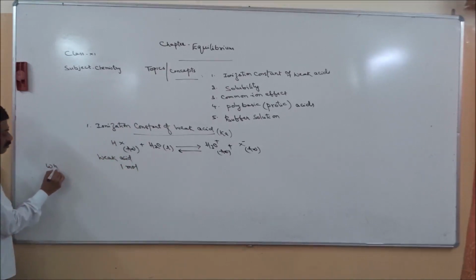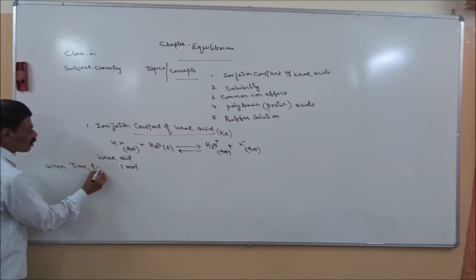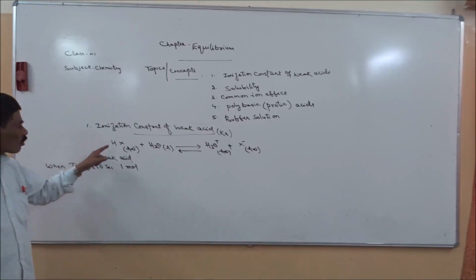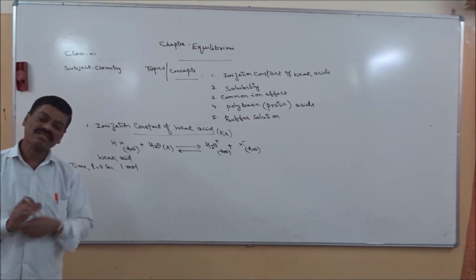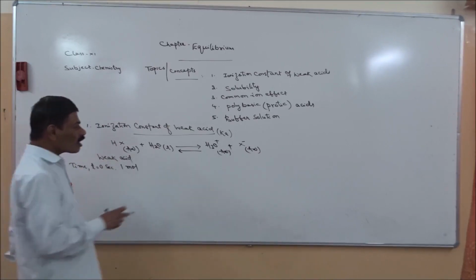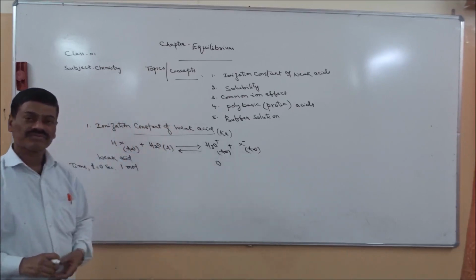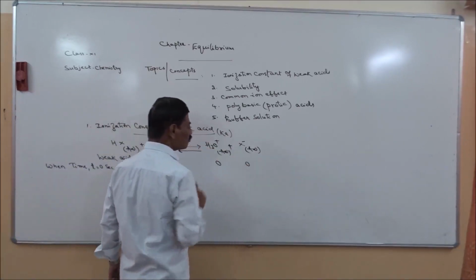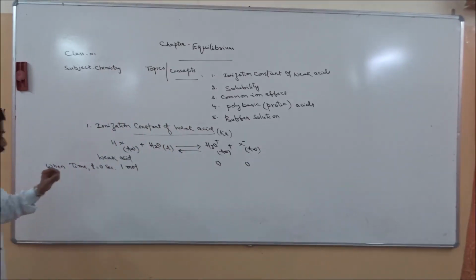When time t is equal to 0 seconds, then the quantity of this weak acid is 1 mole, meaning the reaction is not started. Then the quantity of hydronium ion formed is 0 mole, and the quantity of X minus is 0 mole per liter.